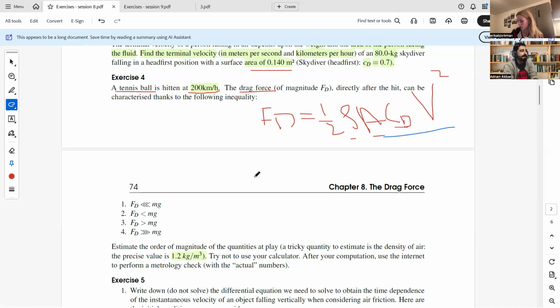So for calculation, initially we need to consider some values. We are considering its area equal to pi r square, where r is the radius, which is half of the diameter. Placing the diameter, it becomes pi d square by 4.